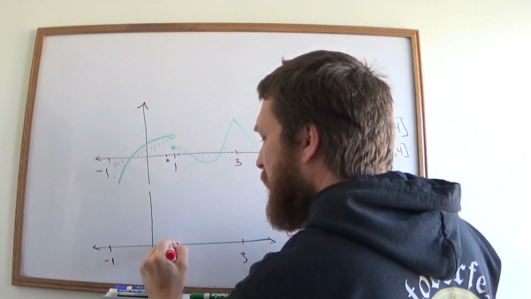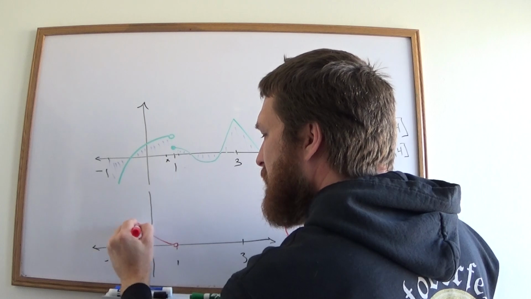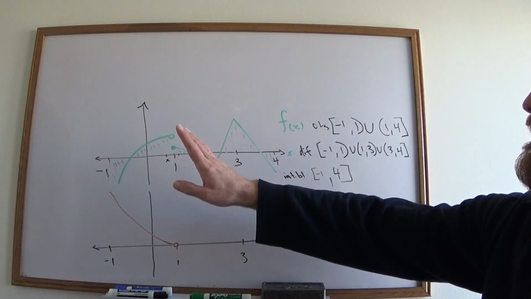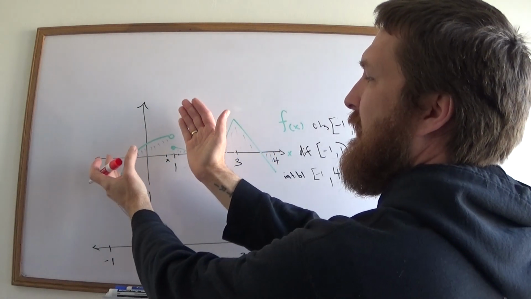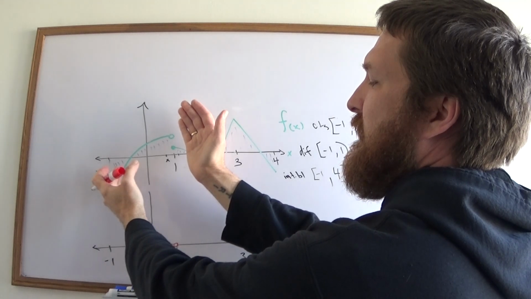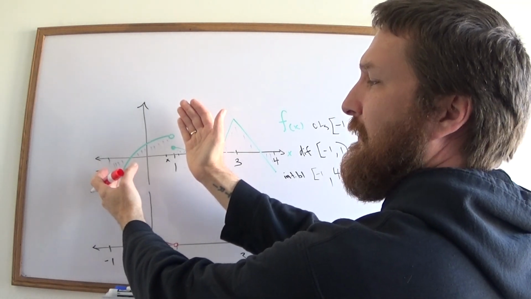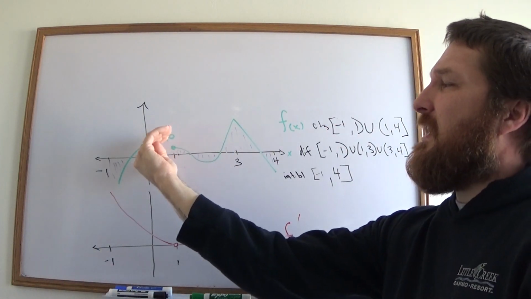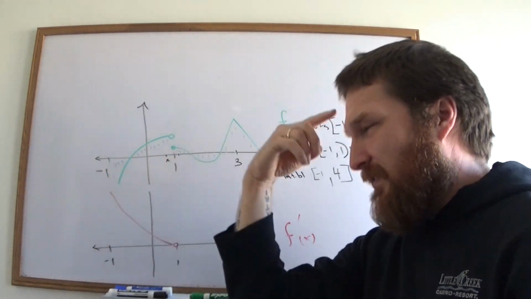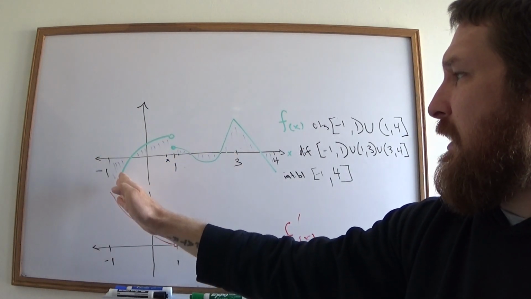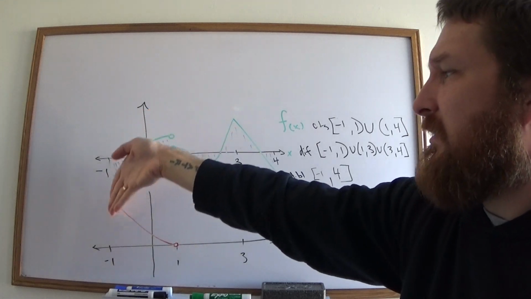Okay? And another thing, as you're doing these, think about, that kind of looks, maybe it looks like a parabola. And so the derivative of a parabola kind of looks like a line, right? Yeah. And so, given that you said it keeps going, that's how you read this. Like you said, this doesn't look like a parabola here. You said it looks like it's going to go down to negative infinity.